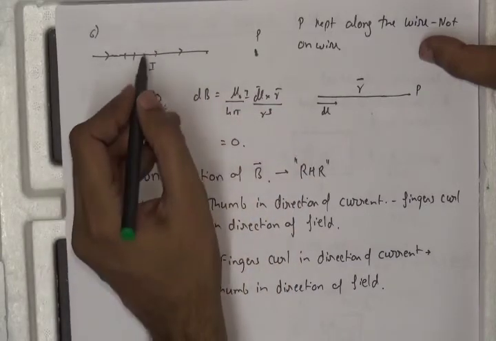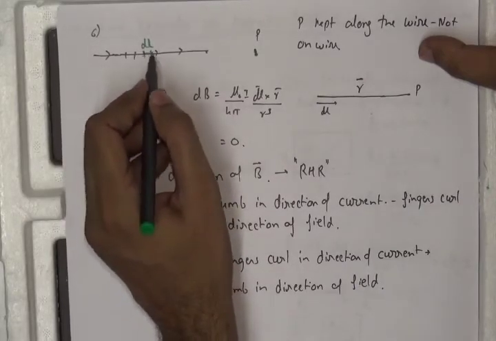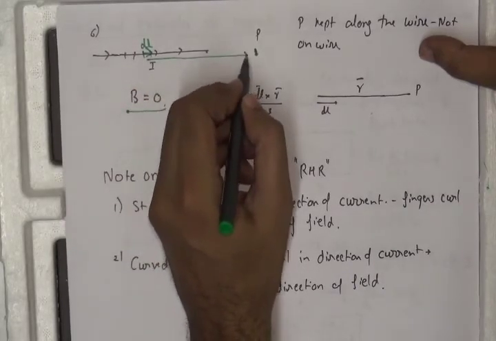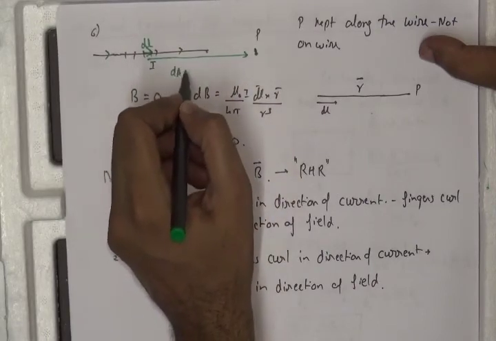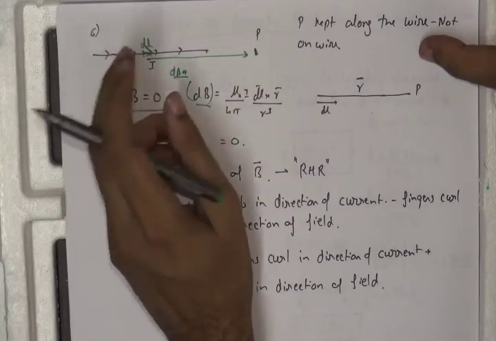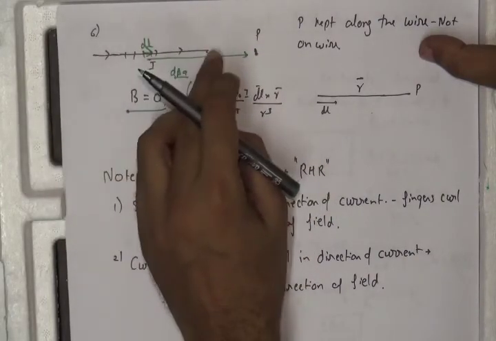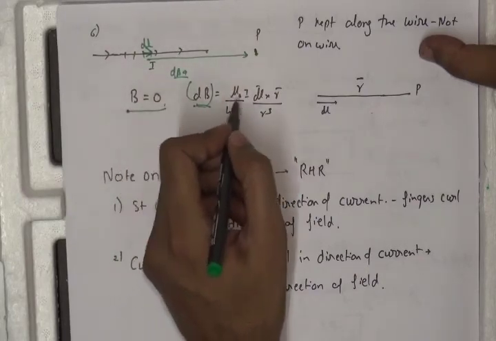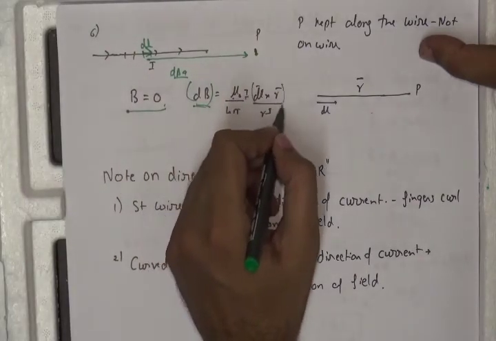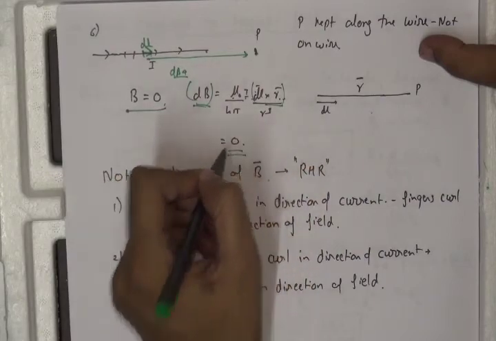Because for every such dl in this direction, r will be in this direction, so dB will become equal to 0. We know that dl and r in that case will be parallel to each other if the point P is along the line of the wire. Thus dB is equal to μ₀I dl cross r, and because dl and r are parallel to each other, the magnetic field will become equal to 0.